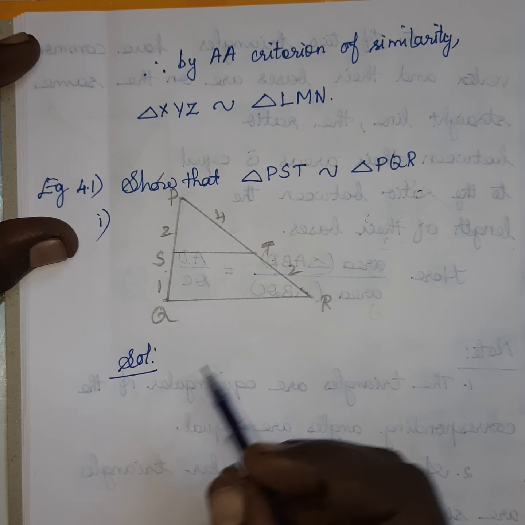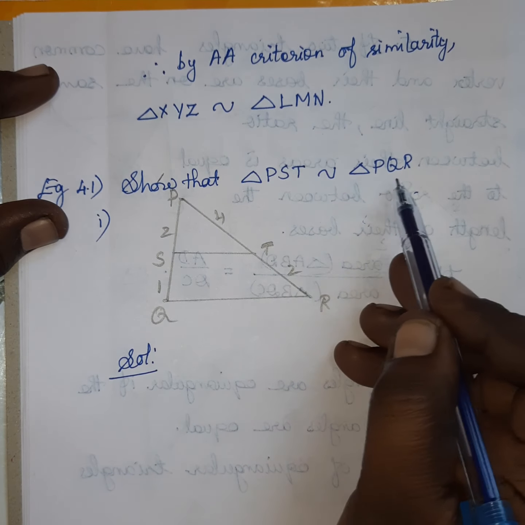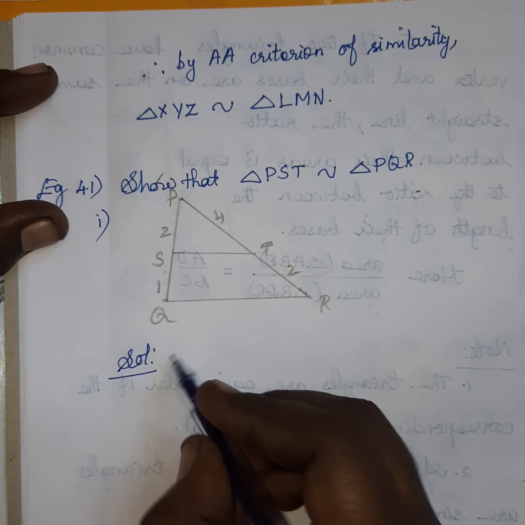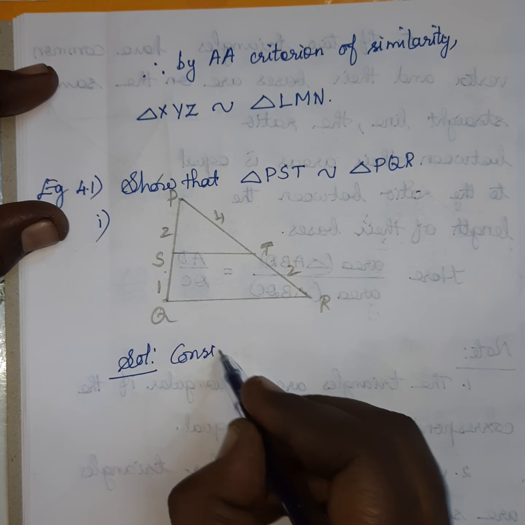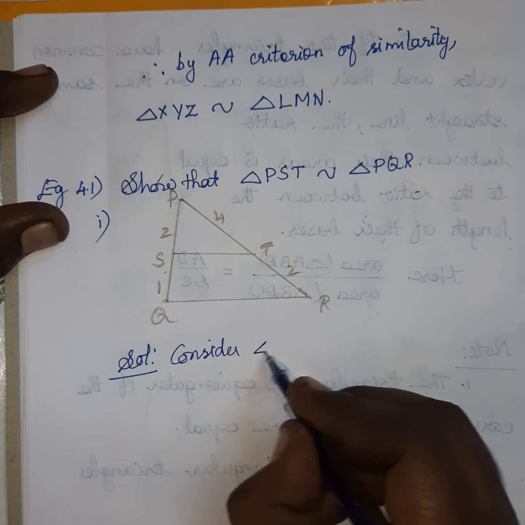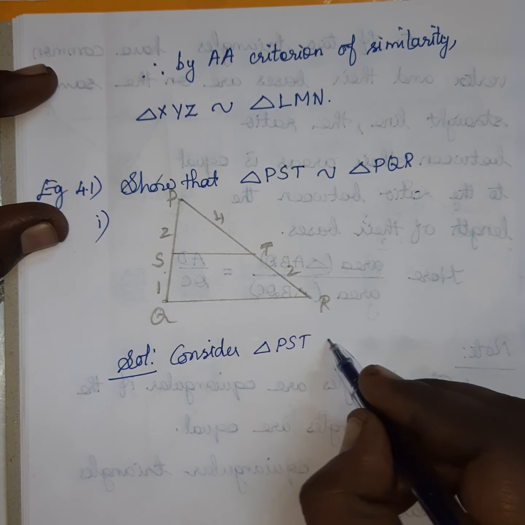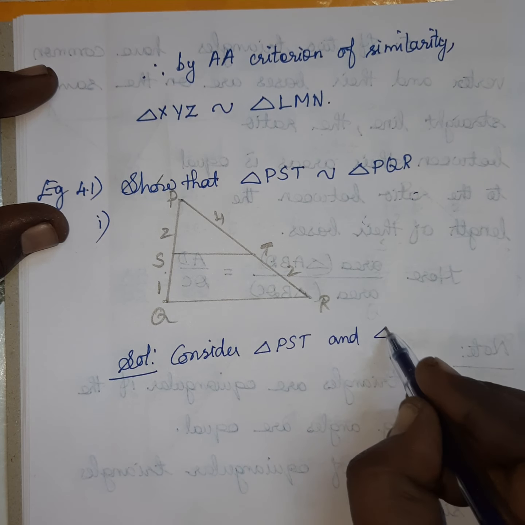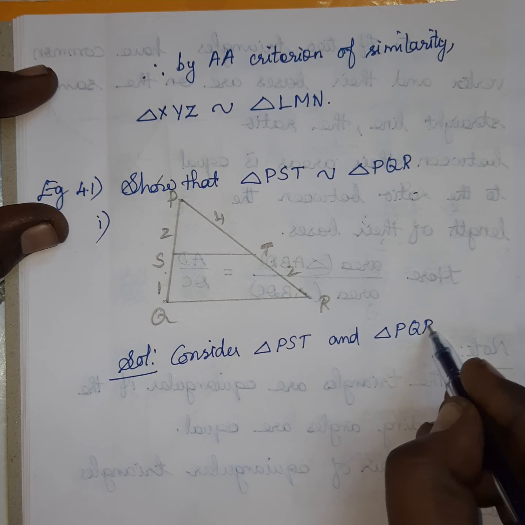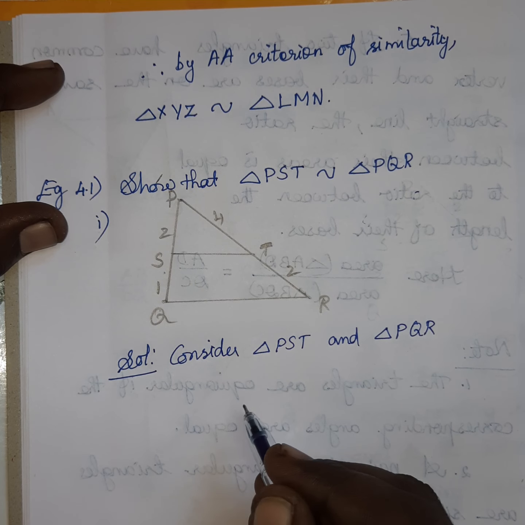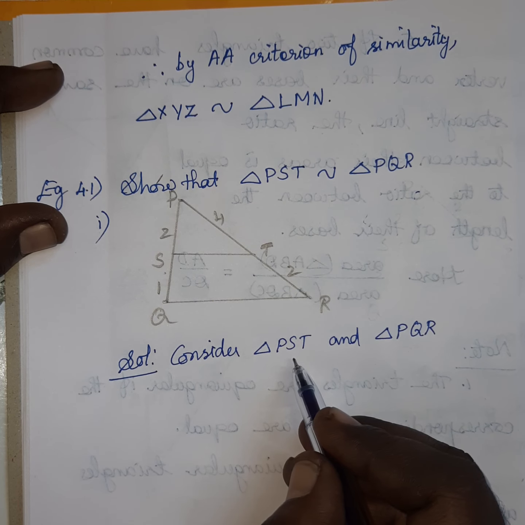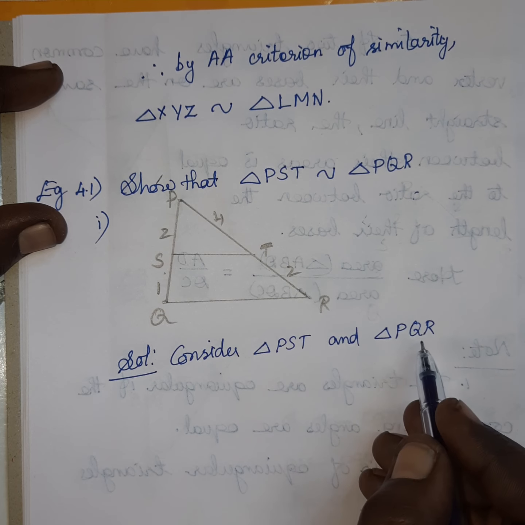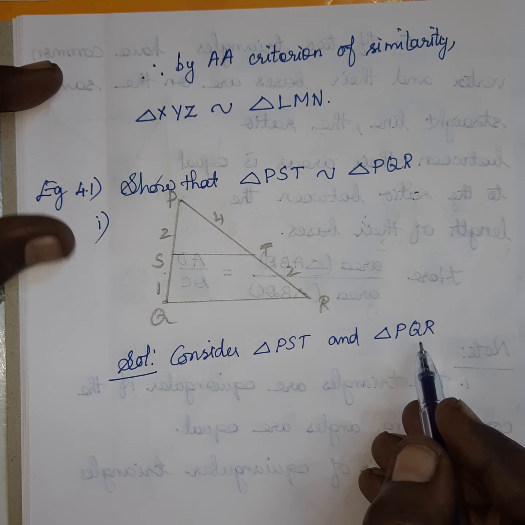In the question, they gave triangle PST similar to triangle PQR. So we have to consider them in the same order, triangle PST and triangle PQR. Also take the ratios in the same order. The sides of triangle PST go in the numerator and the sides of triangle PQR in the denominator.